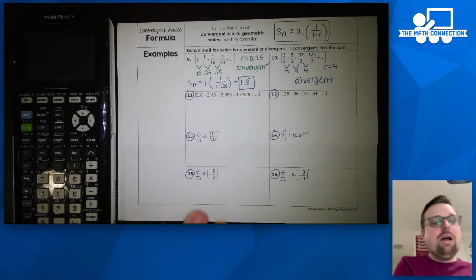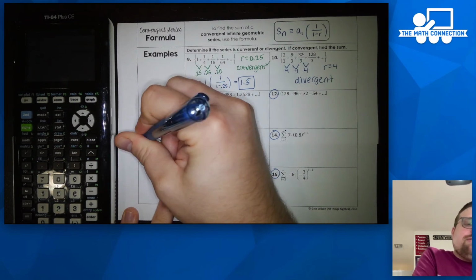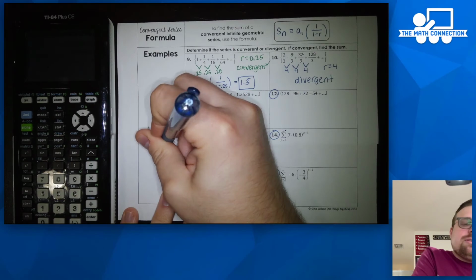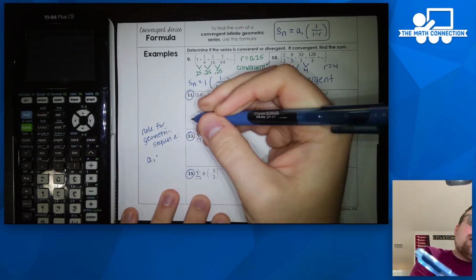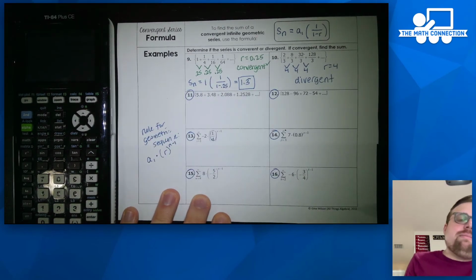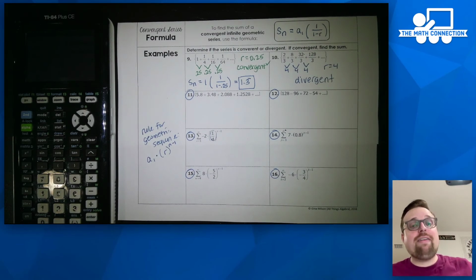And remember in the rule for a geometric sequence, you have a1 times the value of r to the power of n minus 1. So in all of these problems, you also have a sub 1.